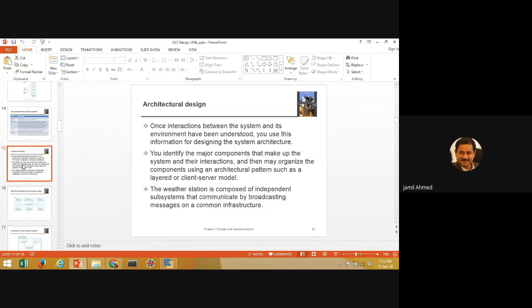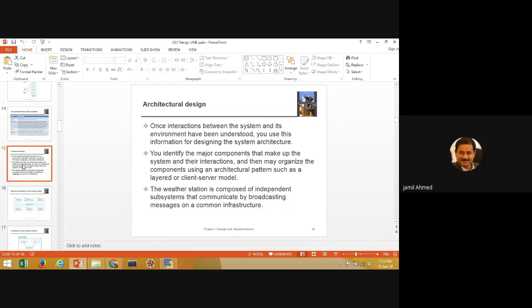So you identify the major components that make up the system and their interactions, and then you organize the components using architecture patterns such as layered or client-server model. For example, these are some of the examples, but lots of examples are present. Why do we say layered?